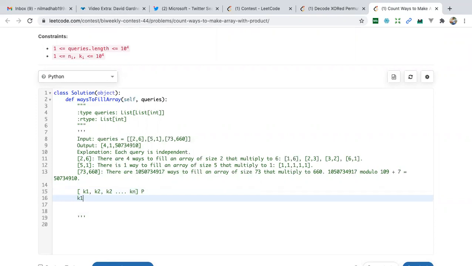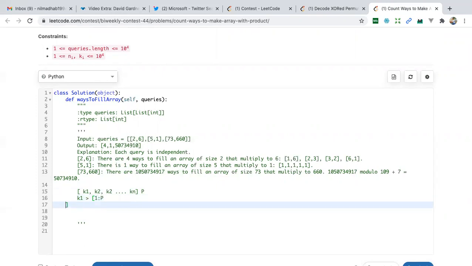Let's iterate k1 from 1 to p, then k2 from 1 to p, and whenever the product is more than p, we backtrack. But that will be too complicated, I think.